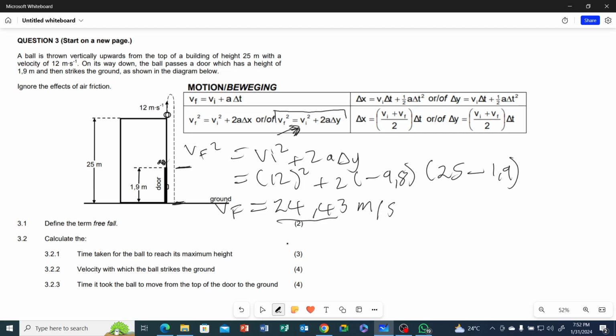So now we take that Vf and substitute it into the equation Vf equals Vi plus gravitational acceleration times delta time. Let me change a pen so that you guys can see.